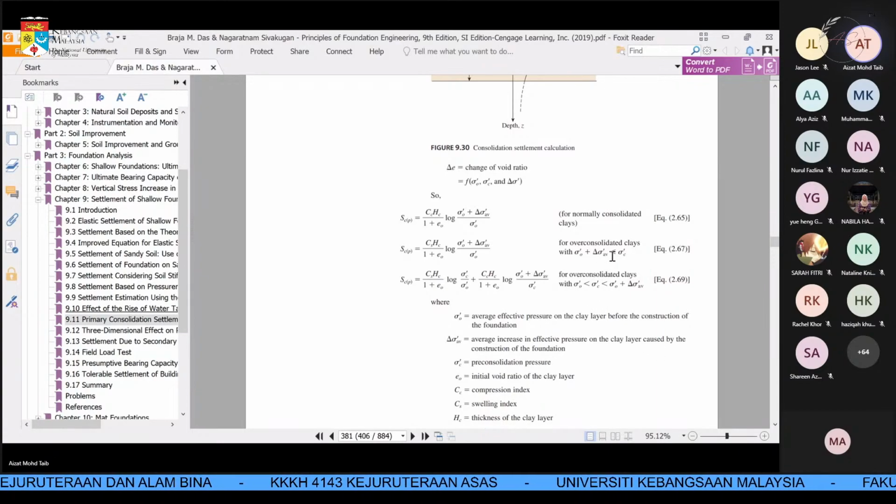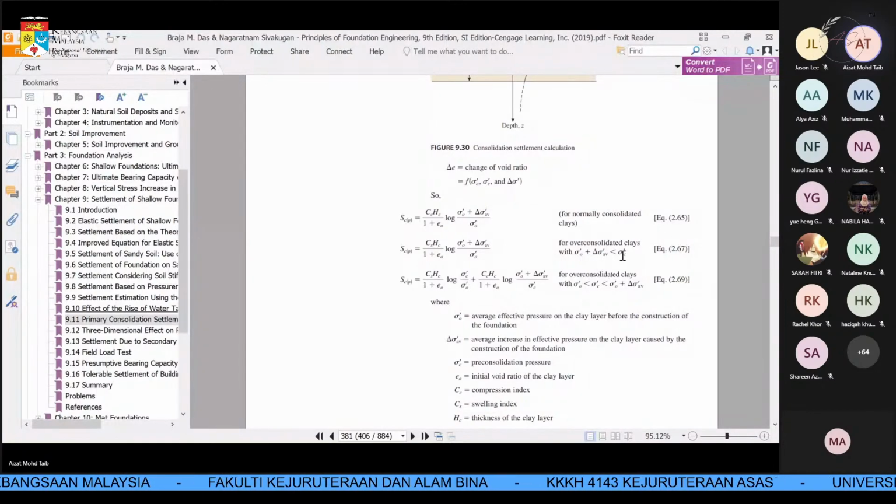Okay, so kat sini, okay, you see the sigma prime c is the pre-consolidation pressure. So if the pre-consolidation pressure is larger than these two, okay, average effective stress dengan before the construction dengan after the construction.